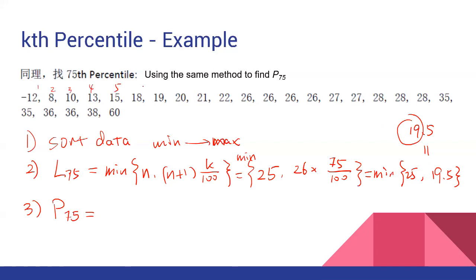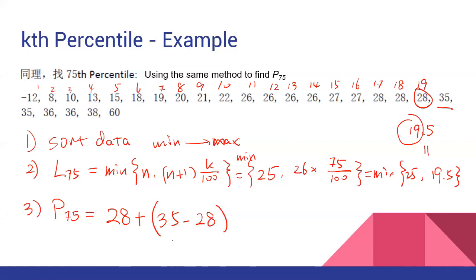3, 4, 5, 6, 7, 8, 9, 10, 11, 12, 13, 14, 15, 16, 17, 18, 19, which is 28. And plus the next element is 35 minus 28 times the decimal part, which is 0.5.